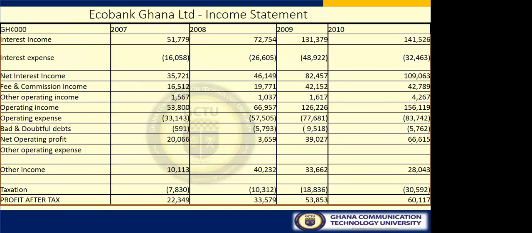Okay, so we are going to do an example. Let's take the EcoBank Limited income statement for 2007, 2008, 2009, and then 2010.